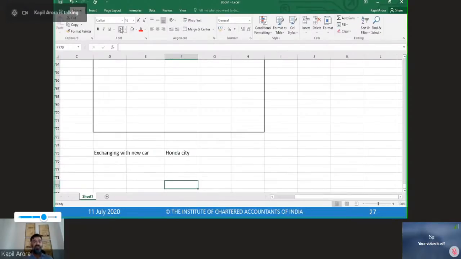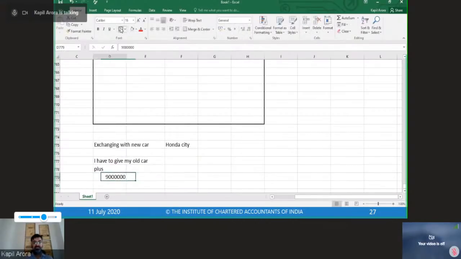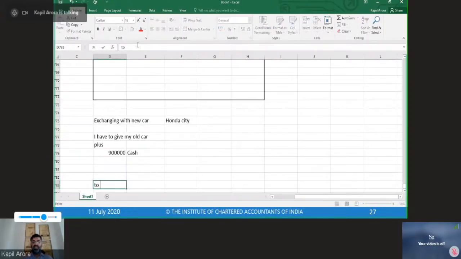Instead of getting the value of the new car, what has been told is that I have to give my old car plus 9 lakh rupees cash to get the new car.